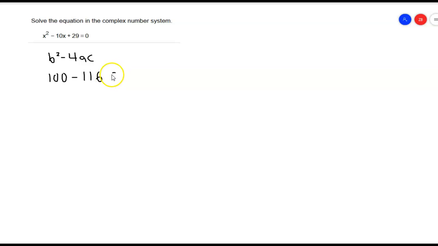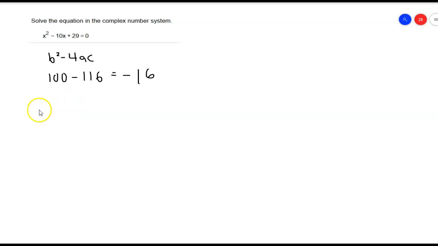So this is going to give us a discriminant of negative 16, which indicates that we are going to have imaginary solutions, because when you try to take the square root of a negative number, we have to go to the complex number system in order to do that.